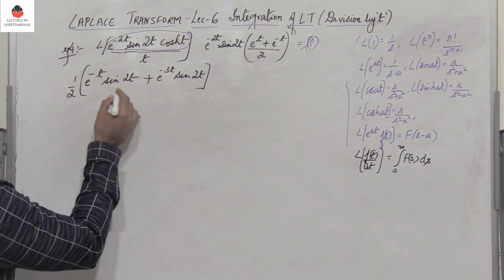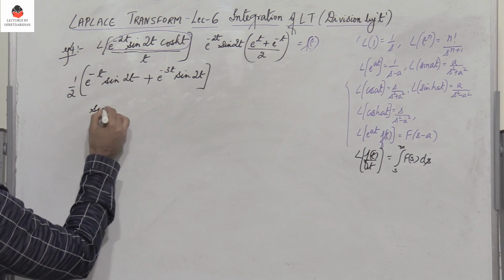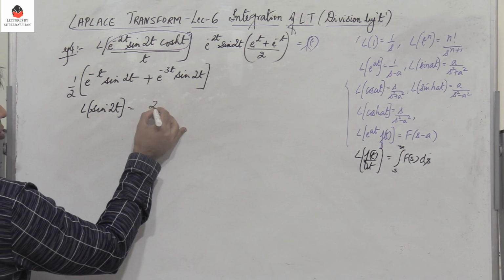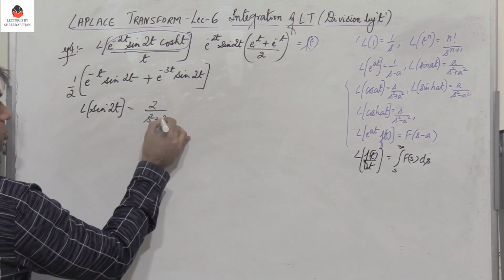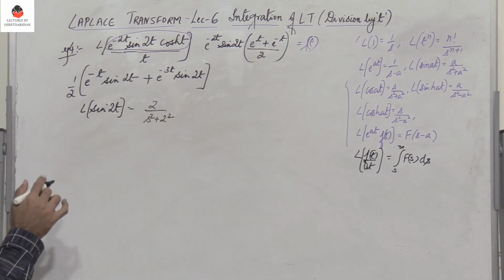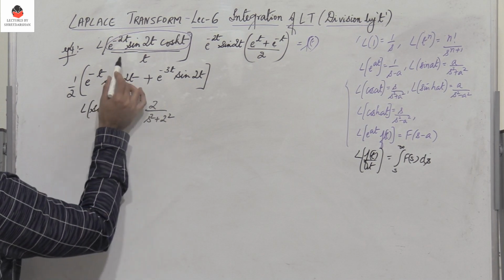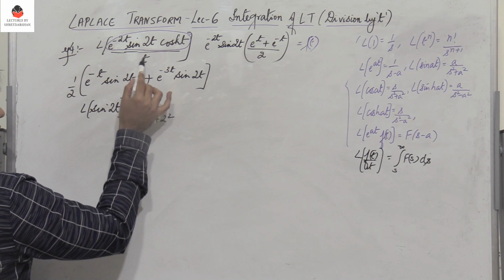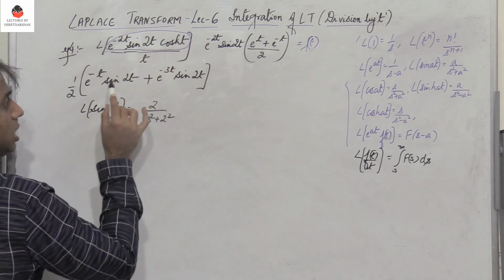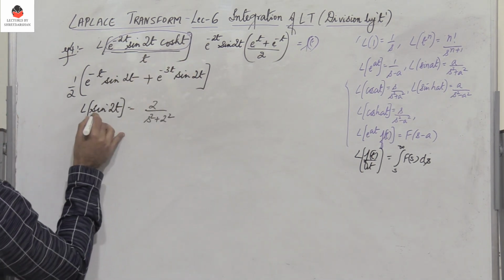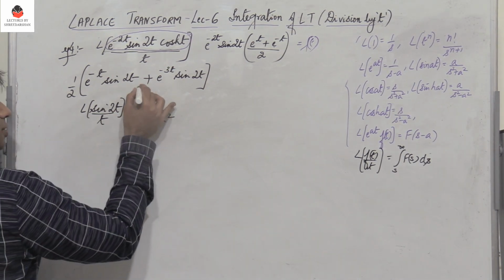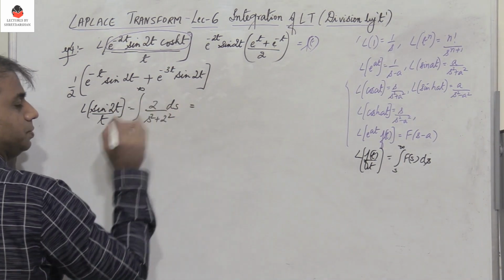Now to make things easier, let me first consider sine 2t. The Laplace transform of sine 2t is 2 divided by s square plus 2 square. Now, because I have t, that means you have the entire expression f of t divided by t. So let me consider sine 2t by t, which is integral s to infinity ds.